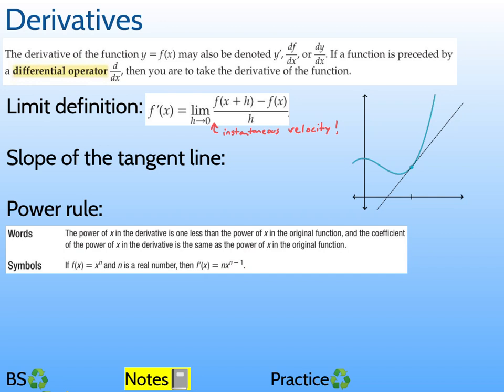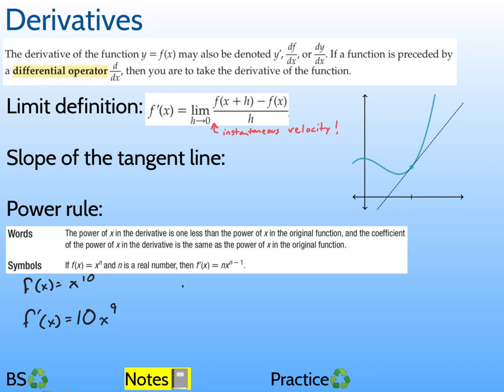So here, let's do a couple of real quick examples. How about if f of x equals x to the 10th? What you do for the derivative of f of x, notice the little prime there for the derivative, you take the exponent, make it the coefficient, and then reduce the exponent by 1.